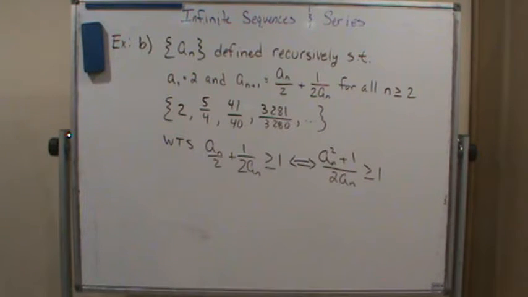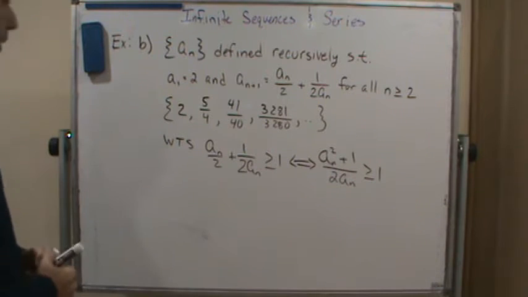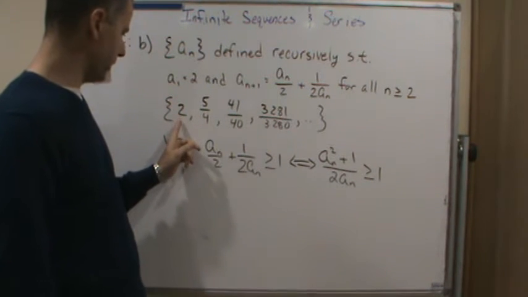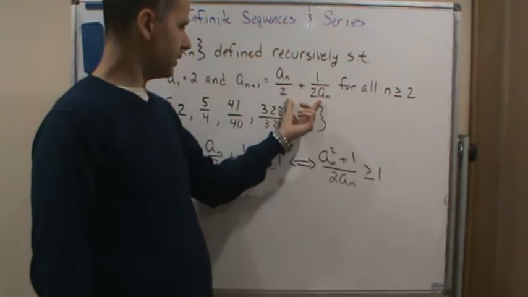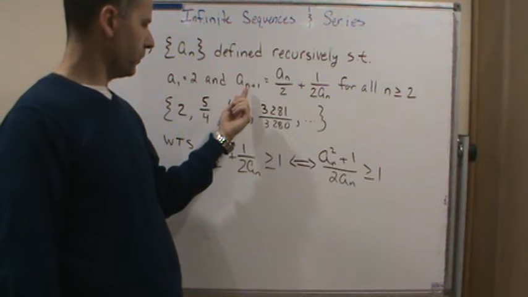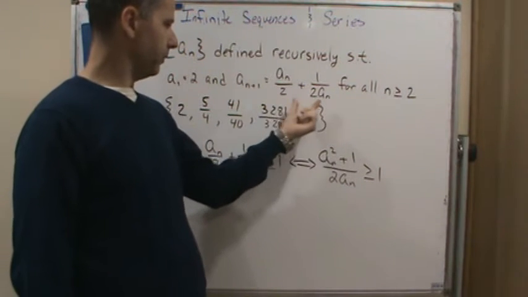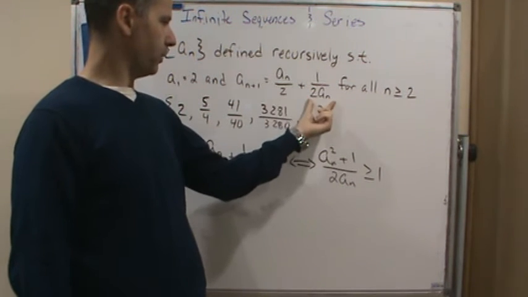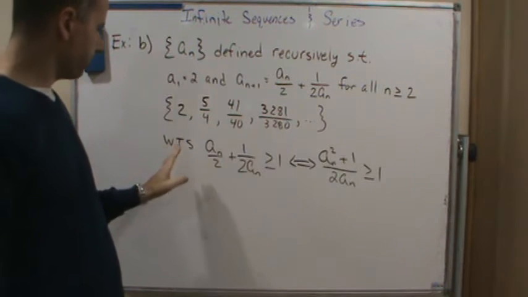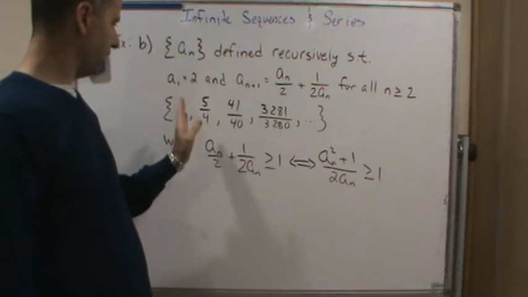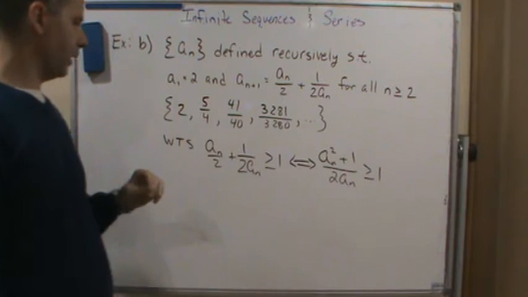Now also notice that a1 is positive, and all successive terms are formed by adding positive numbers. So it looks like all the terms are going to be positive.